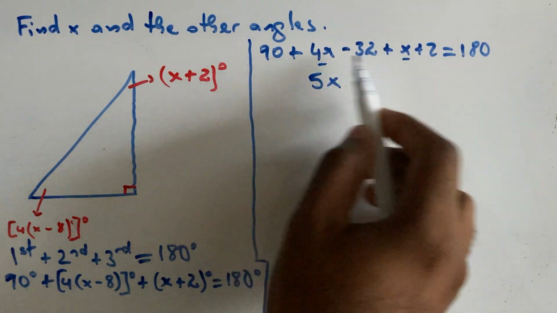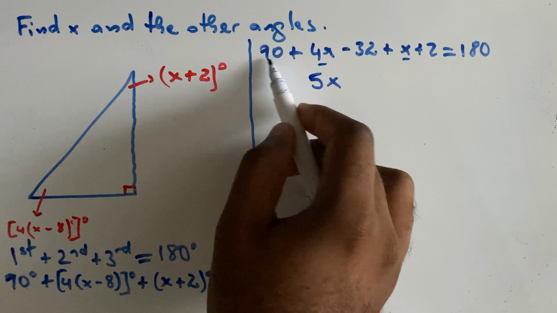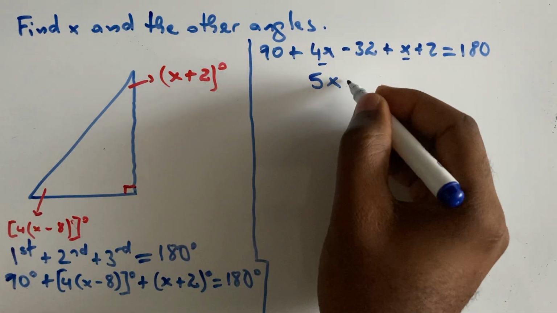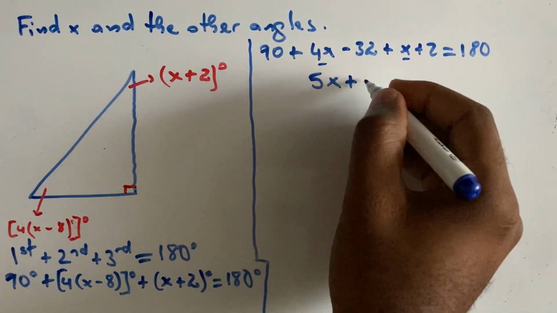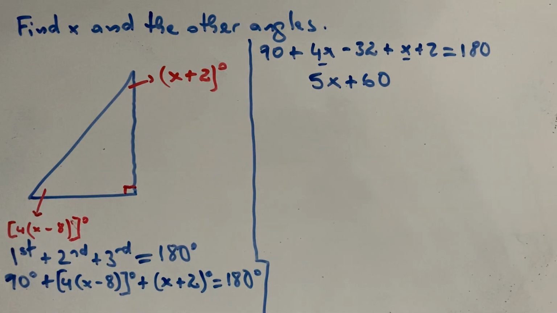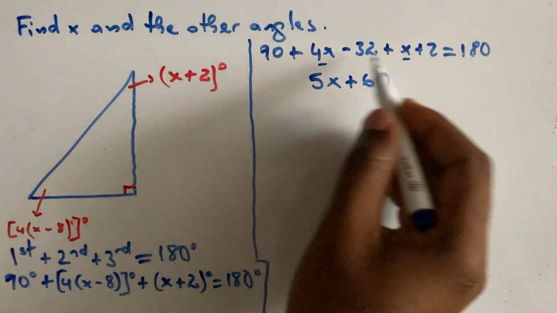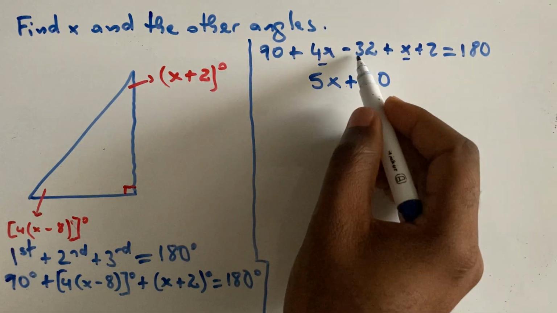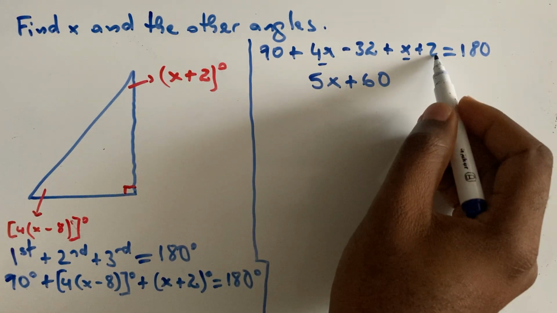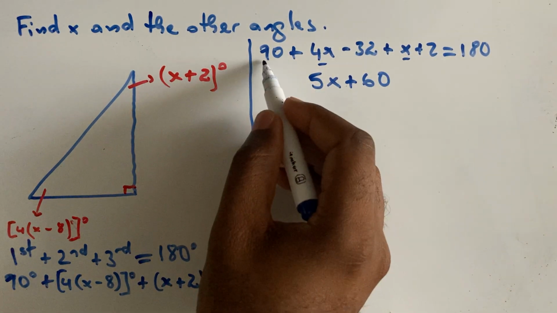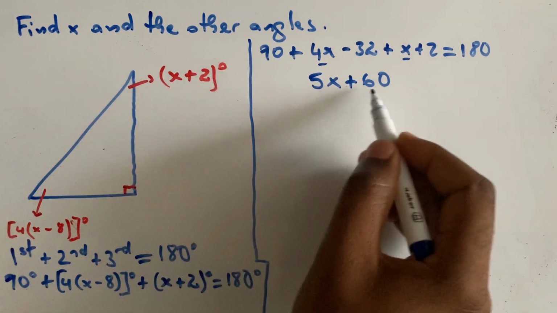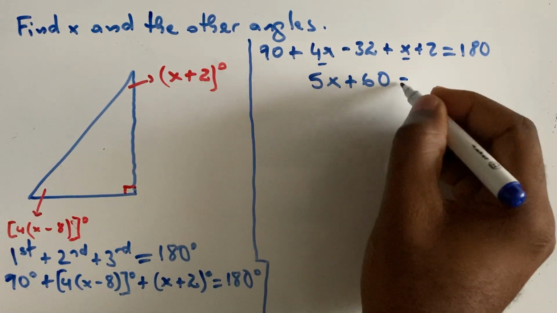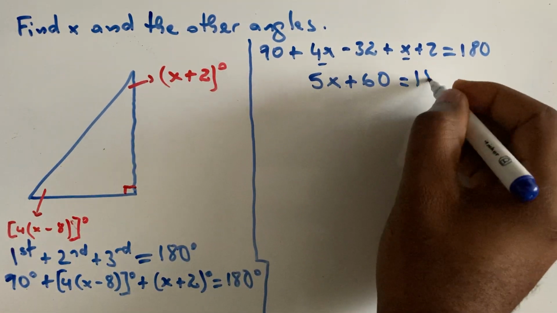Negative 30 plus 90 is 60. Let's check again. 4x plus x is 5x. Then negative 32 and 2 is negative 30, plus 90 is 60. So 60, and this is equal to 180.